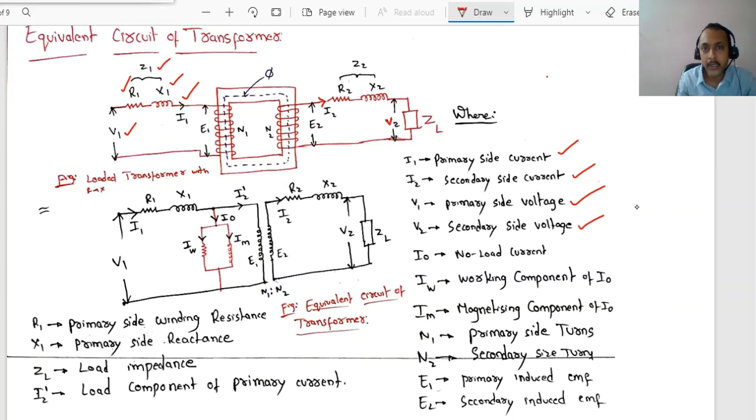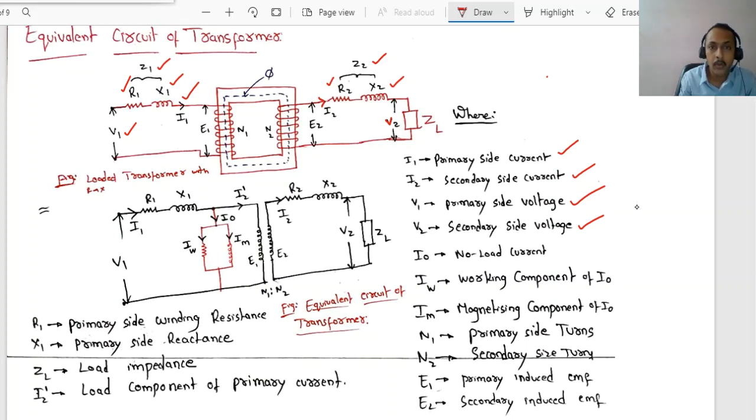Coming to the secondary side, also we will have the resistance, secondary winding resistance R2, and secondary side reactance X2, and secondary side impedance Z2. Secondary side impedance Z2. So with this, major terminology is completed.